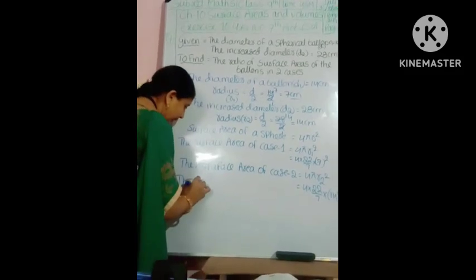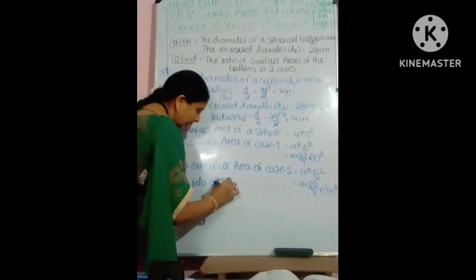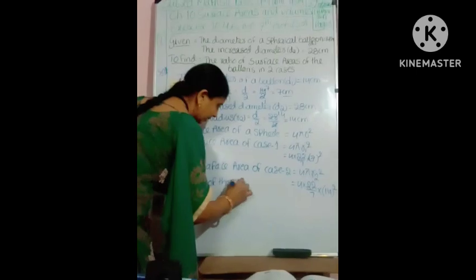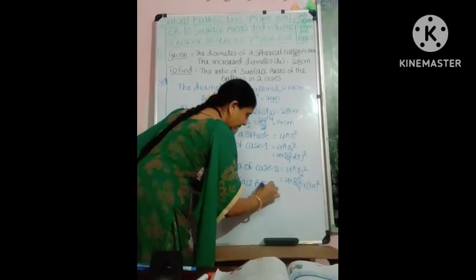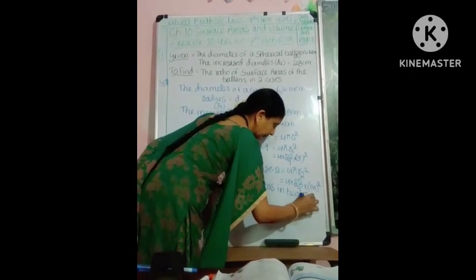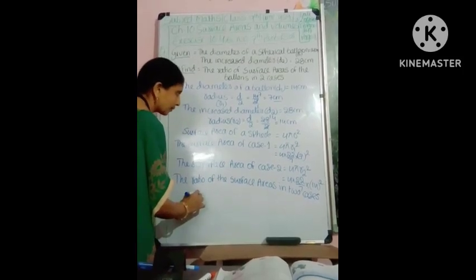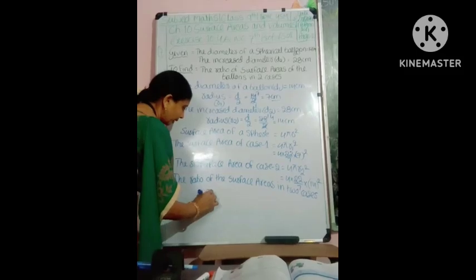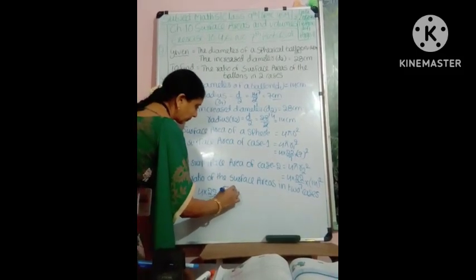So the ratio of the surface areas in 2 cases. Okay, first one. What's the case 1? 4 into 22 by 7 into 7 square.